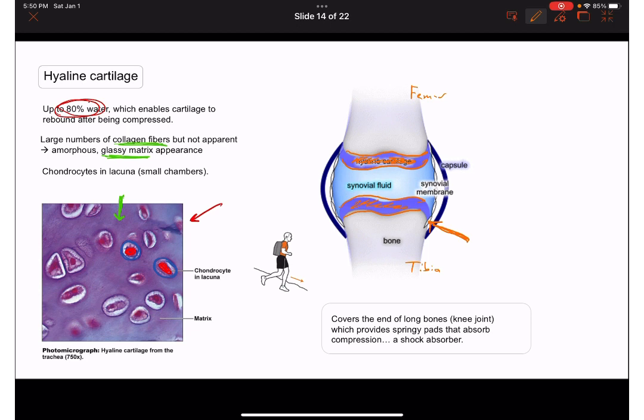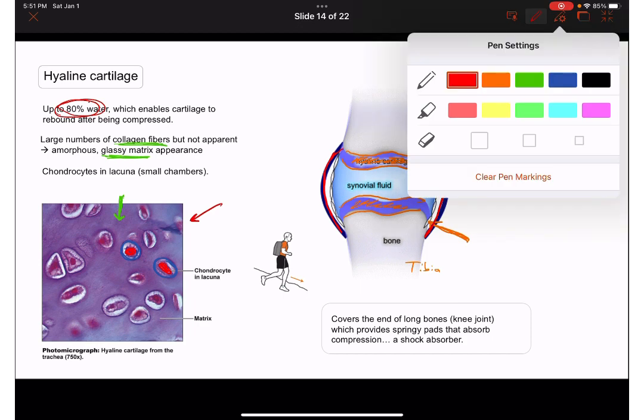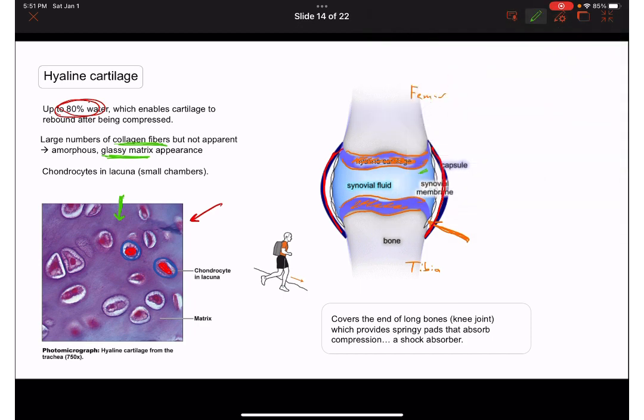And this is all contained within the knee joint by this joint capsule. And as we'll learn later when we get into the skeletal system, there's synovial fluid in here as well. But what's the benefit of having pads of hyaline cartilage on the ends of these long bones?